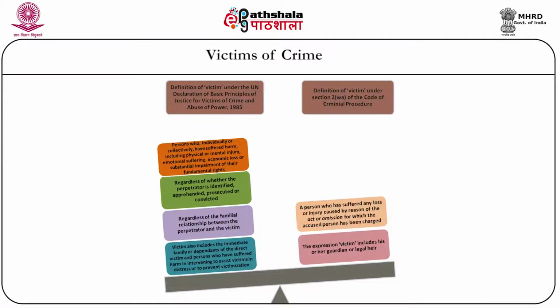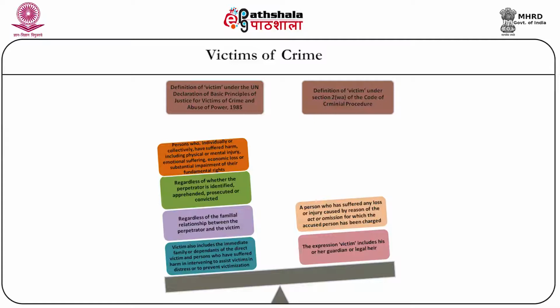Let us begin with the definition of victims of crime. The UN Declaration defines victim in the following terms: persons who individually or collectively have suffered harm, including physical or mental injury, emotional suffering, economic loss or substantial impairment of their fundamental rights, regardless of whether the perpetrator is identified, apprehended, prosecuted or convicted.